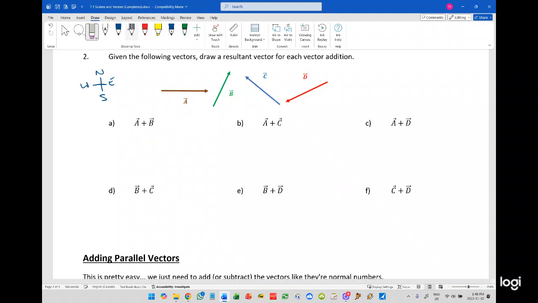So if I think about what this looks like before I draw it, I know it's going to go east and then northeast, so I might start drawing it down here. There's A, and then B looks like this. And then my resultant vector started in this corner, ended up here, so that's actually A plus B.